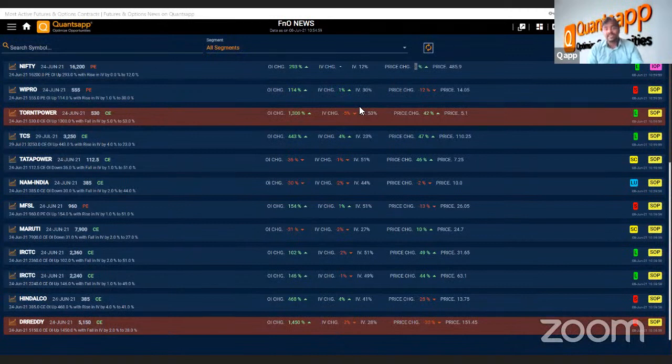That's the easiest way to identify any specific level or support and resistance for that particular stock. Then if you want to fetch some unusual activities, we can check the F&O scanners, and then we can go for triggers or F&O news, right? So this one. Okay, till then if you have any query you can ask me.